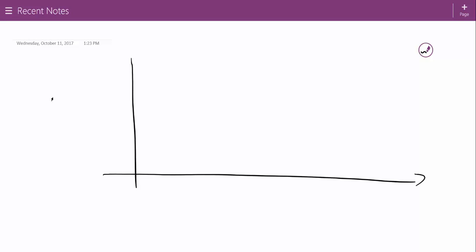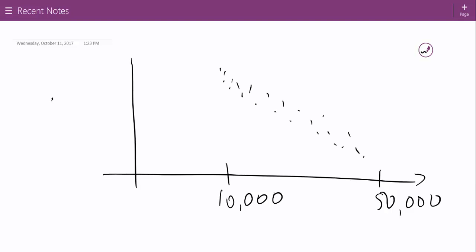So what can be happening is this. Suppose, in order to build my equation, I used mileages between 10,000 and let's say 50,000. So I got a whole bunch of cars with this type of mileage on them. At 10,000 it was a high price, and then it started to go down, something like that.